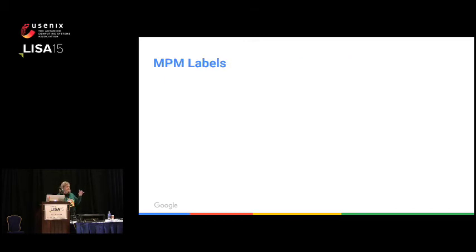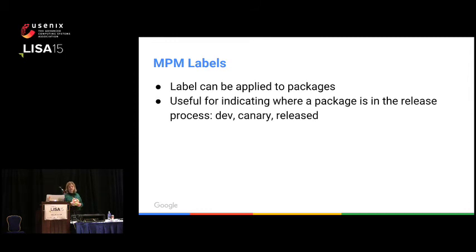So when we look at deployment, MPM labels become very important. We can apply labels to individual packages, and one way of using labels is to indicate where a specific package is in the release process. When you do the first build, you might apply a label of dev. You do some testing on it, and you can promote the package and apply a label of canary.